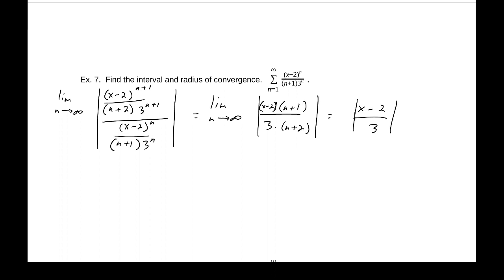We still want that to be less than 1, which would mean the absolute value of x minus 2 is less than 3, which is equivalent to saying x minus 2 is between negative 3 and 3, and x is between negative 1 and 5.